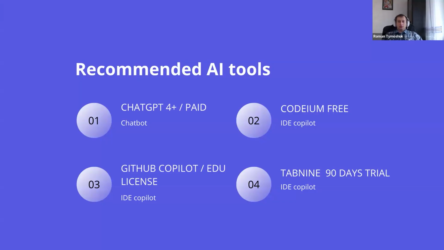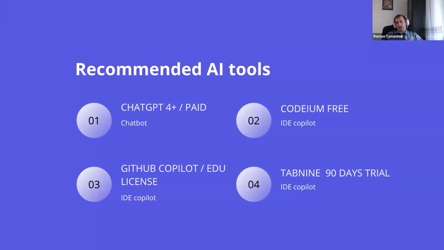So what is recommended? AI tools for this course. Probably the already known ChatGPT. ChatGPT 4 Plus is of course a paid version. You can use it for prompt engineering, for getting explanations of the code, for the generation of some drafts.